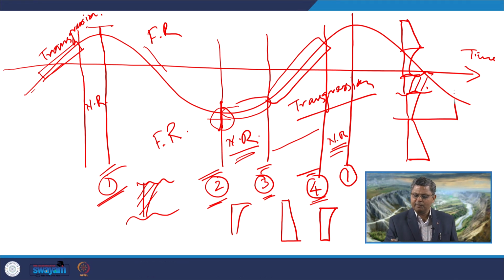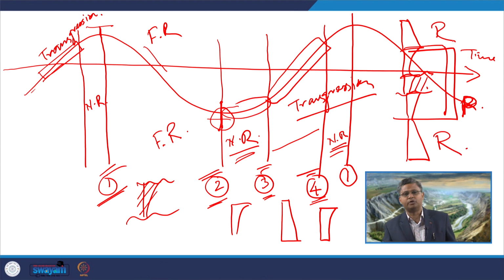So, starting from here to here, this entire portion is progradational in nature, whereas this portion is retrogradational. So, within one complete cycle, starting from this rise to the next rise, within one complete fluctuation we get one transgression followed by a very dominant phase of regression.